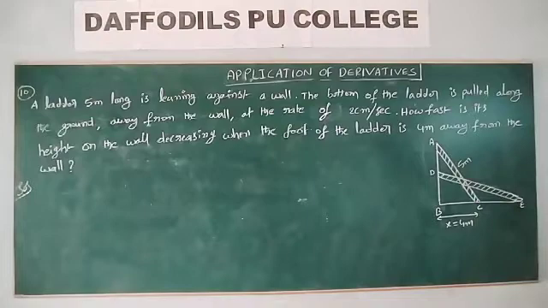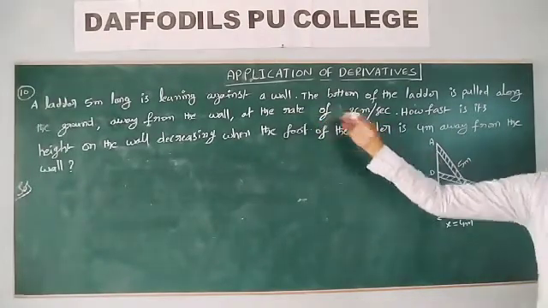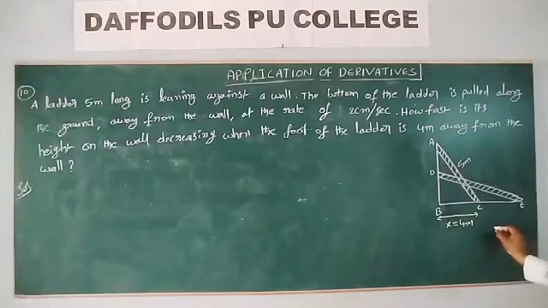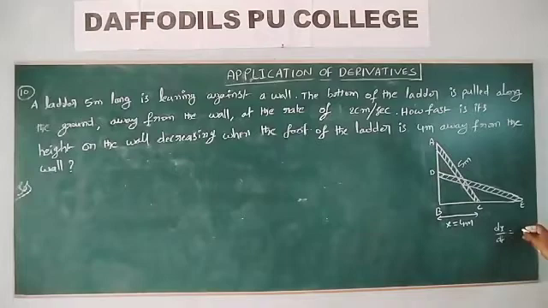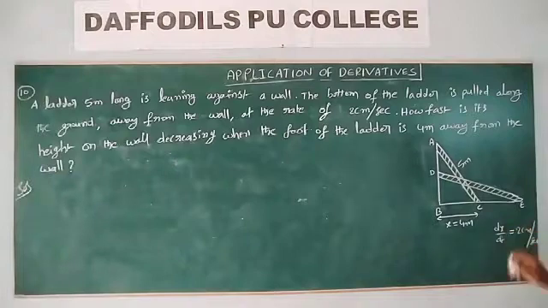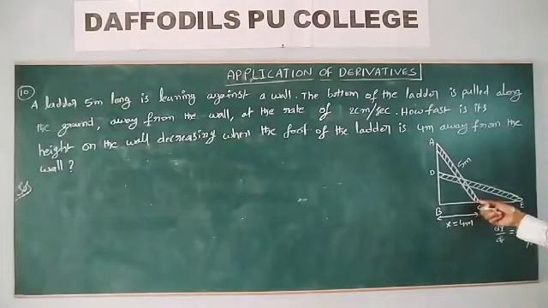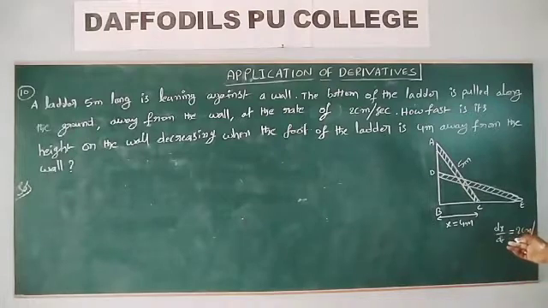Next, the change in the foot of the ladder, how much? The rate is dx by dt, which is 2 centimeter per second. From this point to this point the rate is dx by dt equal to 2 centimeter per second.